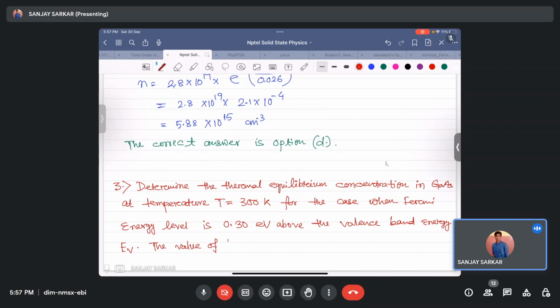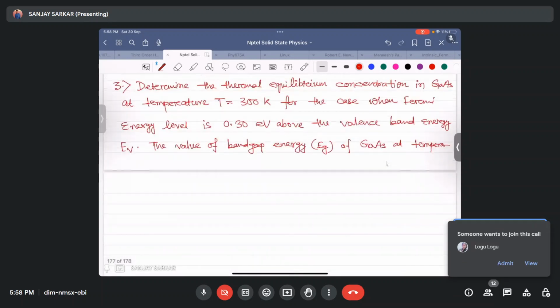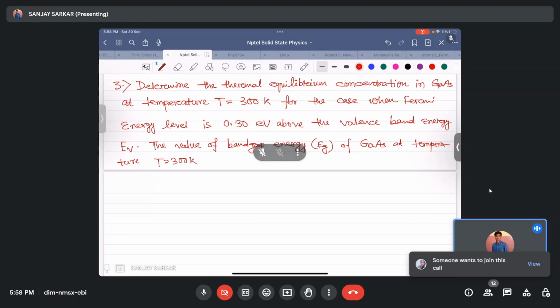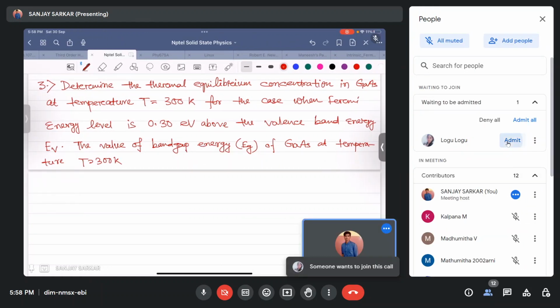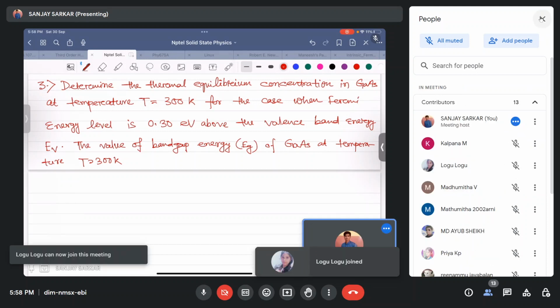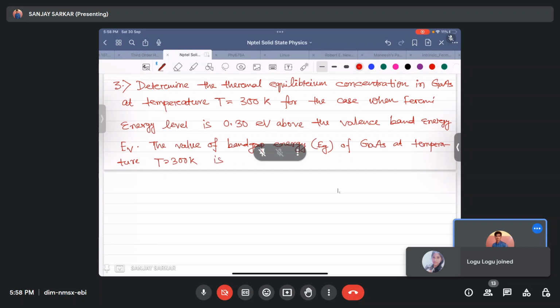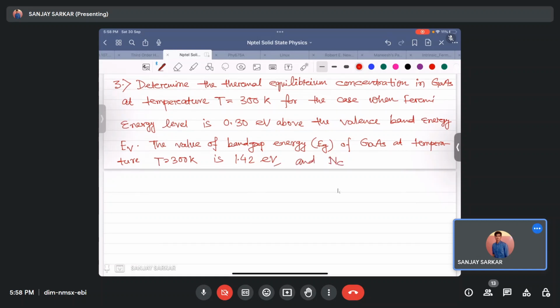The value of band gap energy, which is given by Eg, of gallium arsenide at temperature T equal to 300 Kelvin is 1.42 electron volt. And NC, so what is NC?